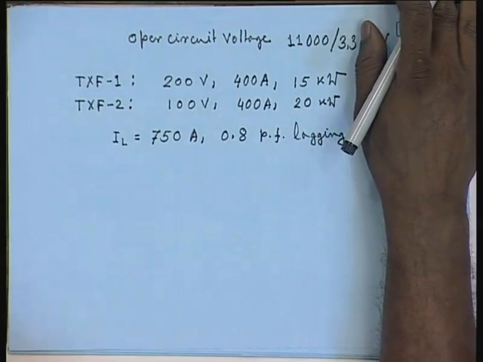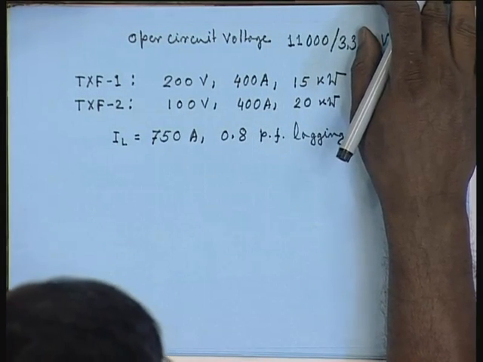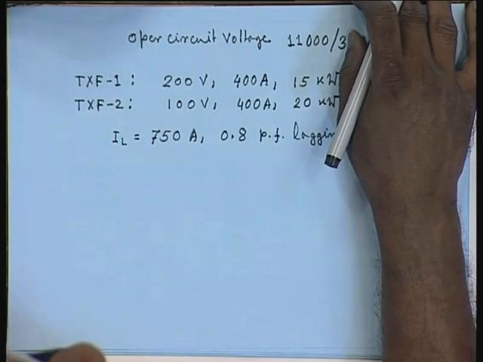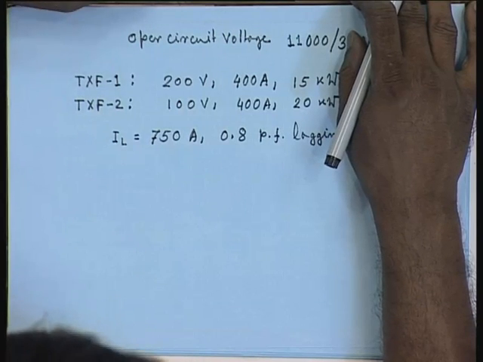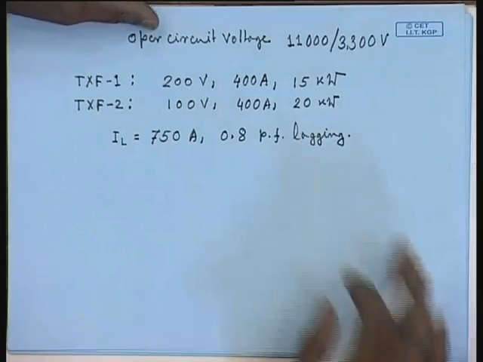We are to find out the KVA supplied by each of these transformer and the load voltage. In order to do this, let us first find out the series impedance of the transformers.